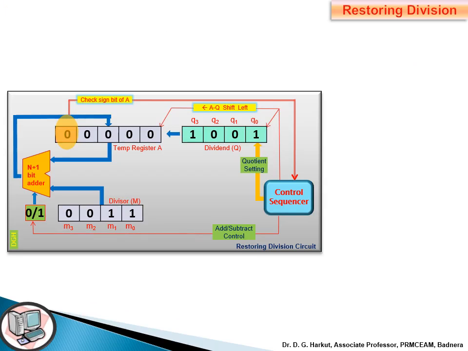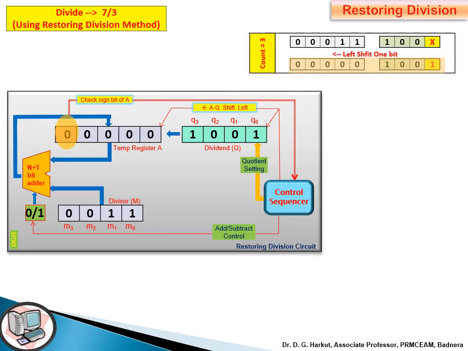Now we are in the last iteration. Bit position at the beginning is like this. Register A contains all 0 and register Q contains 1001 as indicated in the diagram. First step is again we need to shift content of register A and register Q left 1 bit.